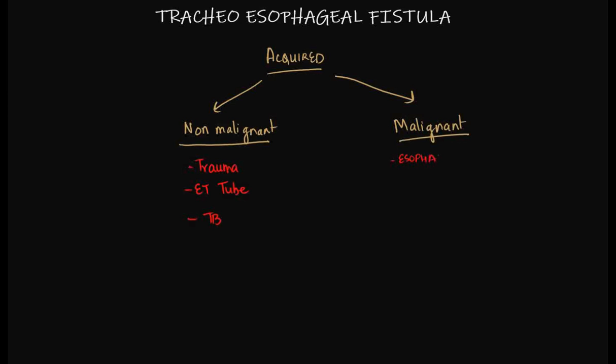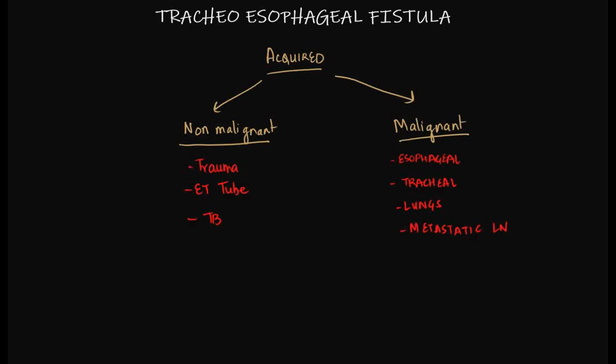Whereas in malignant causes, the most common cause is esophageal carcinoma. There can be tracheal carcinoma, malignancies of the lungs, or any metastatic lymph nodes, which erode into the trachea and the esophagus, giving rise to the fistula.